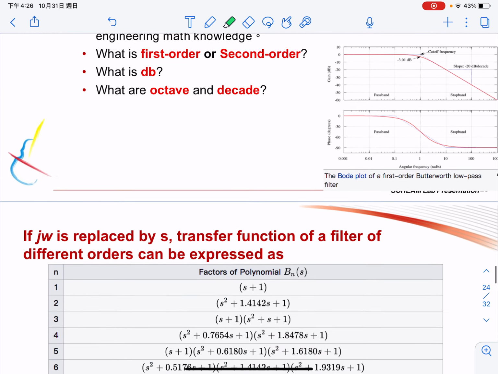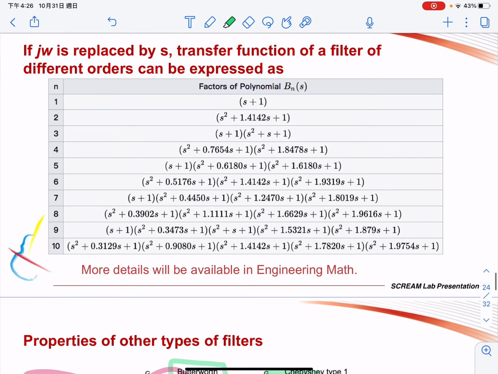And usually a filter is dominated by, for example, a transfer function, okay. And this is the Butterworth filter, using the factor of the polynomial. And the Butterworth filter uses s to replace j omega.